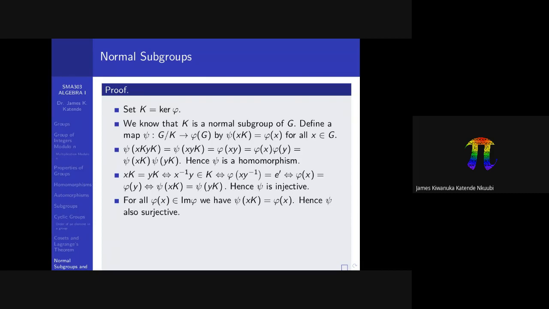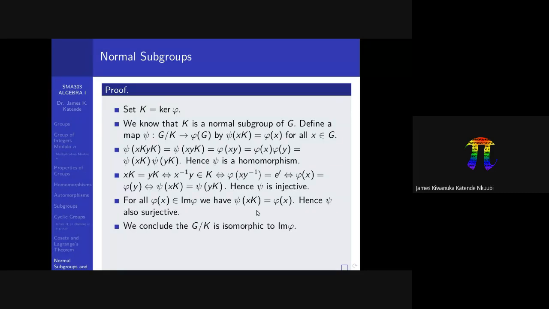we have defined a map from the factor group to the image, which turns out to be an isomorphism. So it means the two groups, this image and this factor group, are isomorphic. So we conclude that the factor group by the kernel is isomorphic to the image of the map pi.